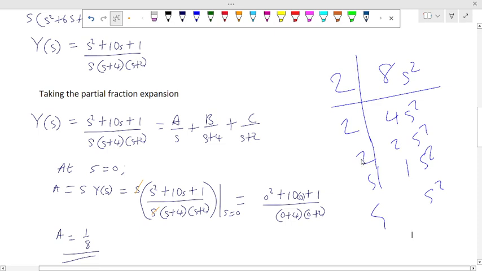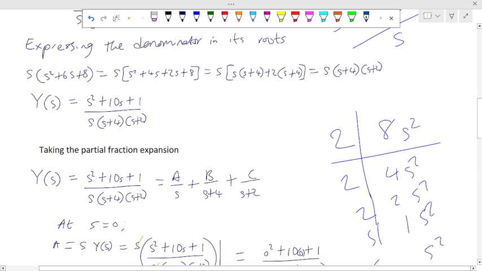So what's left is just 2. So we can take 4 times 2, 8. Then 2 plus 4 is what? 6. So we can use 4 and 2.